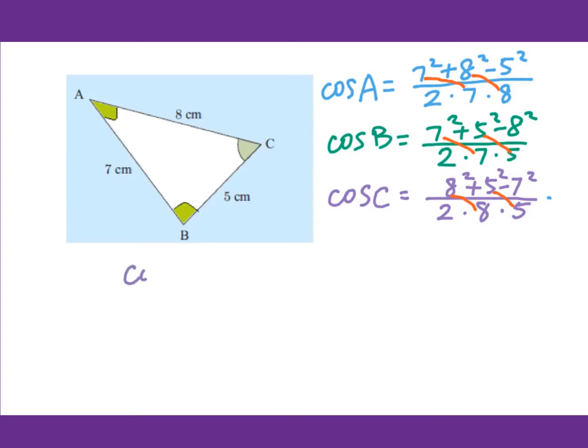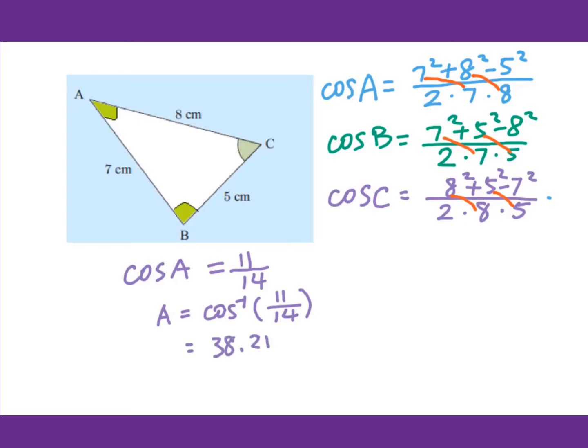Now we put all this into the calculator to figure out angle ABC. We get cosine A equals 11 over 14, and A equals inverse cosine of 11 over 14. We get 38.213 degrees.